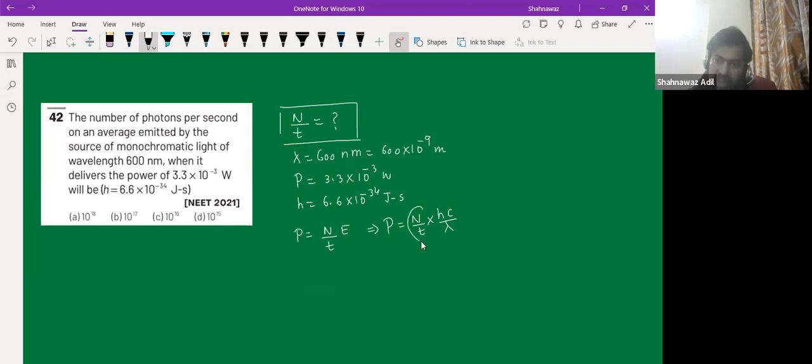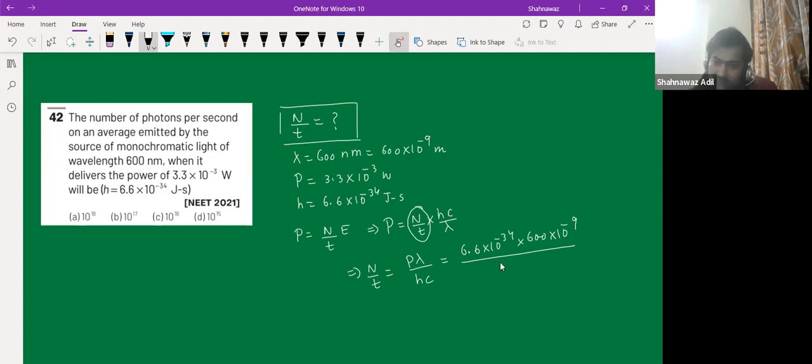We have to calculate this thing. So N by t would be how much? N by t would be P lambda by hc. P is 3.3 into 10 to the power minus 3, and lambda is 600 into 10 to the power minus 9.